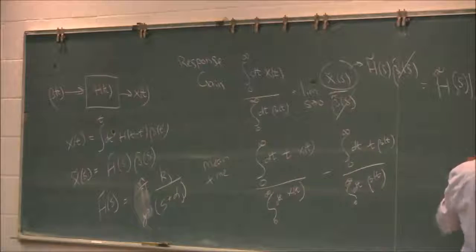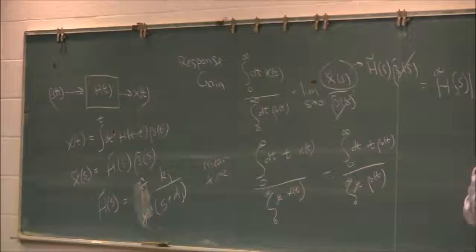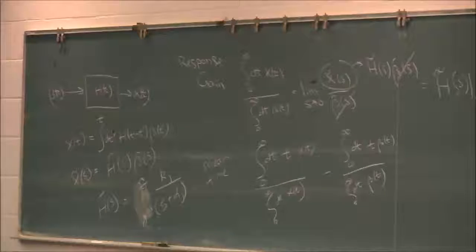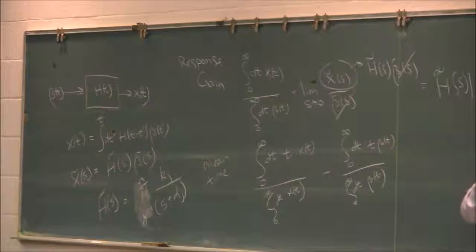We'll show that t bar is equal to minus d/ds of log of f tilde of s, evaluated at s equals 0. Or really, the limit as s goes to 0, just in case f tilde is not defined at s equals 0.